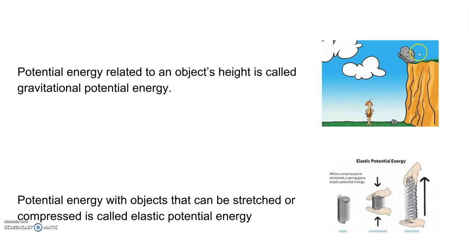If we look at the rock here, the rock has not fallen off of the cliff yet, but its potential energy is solely because of its height. Because of how high it is off the ground, it has a lot of gravitational potential energy.